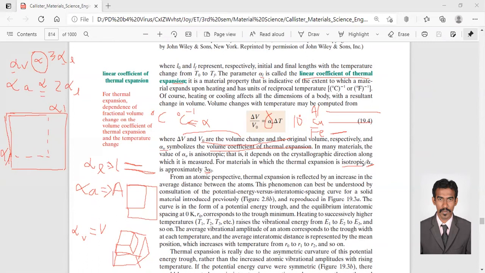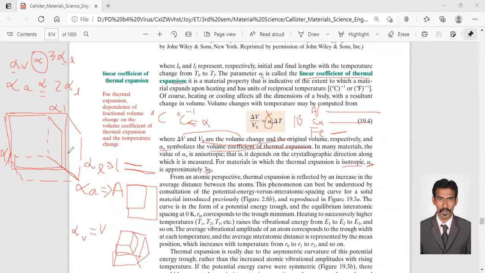In a similar way I can explain volume change also. Volume means along with this area, I will have a thickness. Say for example, this is my initial material. When you heat this, what will happen? Length will increase like this, so at the end I will end up having a material like this. Here I already have an alpha L, that is the linear coefficient of thermal expansion.